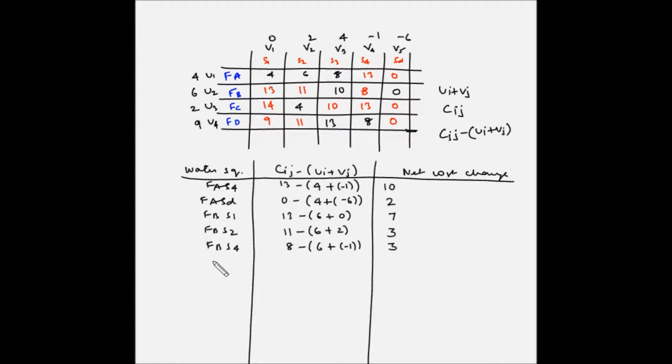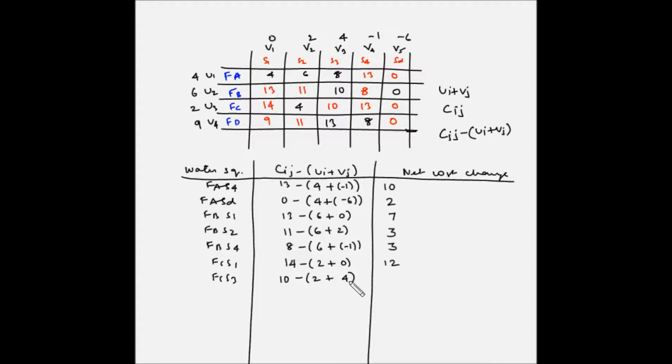The next water square is F-C-S1, cij is 14, ui is 2, and vj is 0. So net cost change is 14 minus 2, which is 12. The next water square is F-C-S3, cij is 10, ui is 2, and vj is 4.